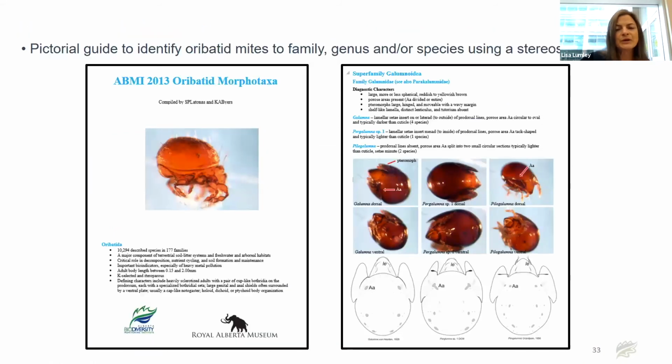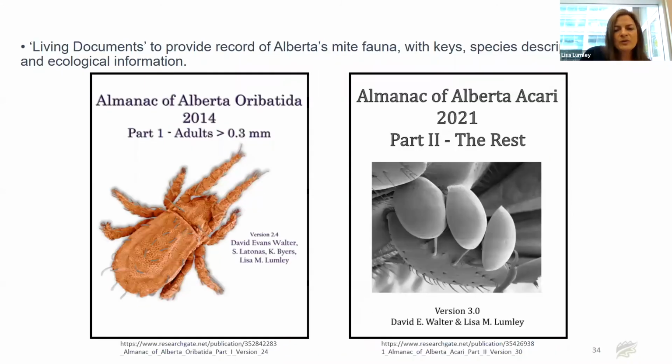We have a pictorial guide to identify oribatid mites to family, genus, and often to species level using the stereo microscope. This is not yet online. We want to update some of the photos, but if you want to email me, I can send it to you. And we've been keeping up what we call living documents to provide a record of Alberta's mite fauna with keys, species descriptions, locality, and ecological information.